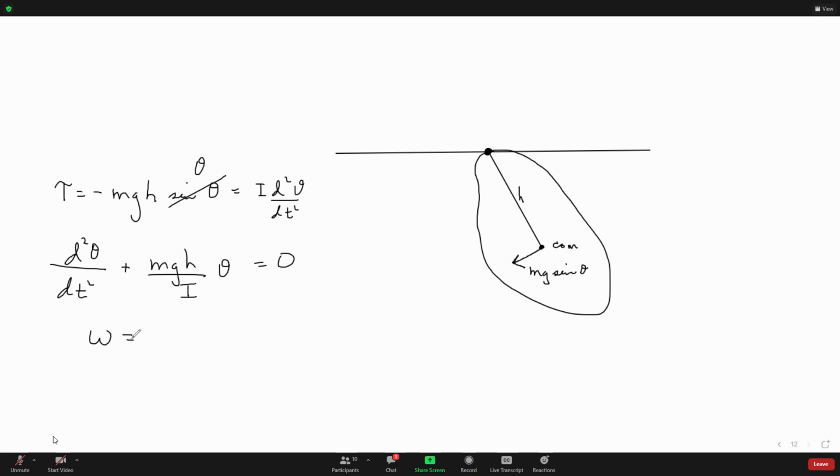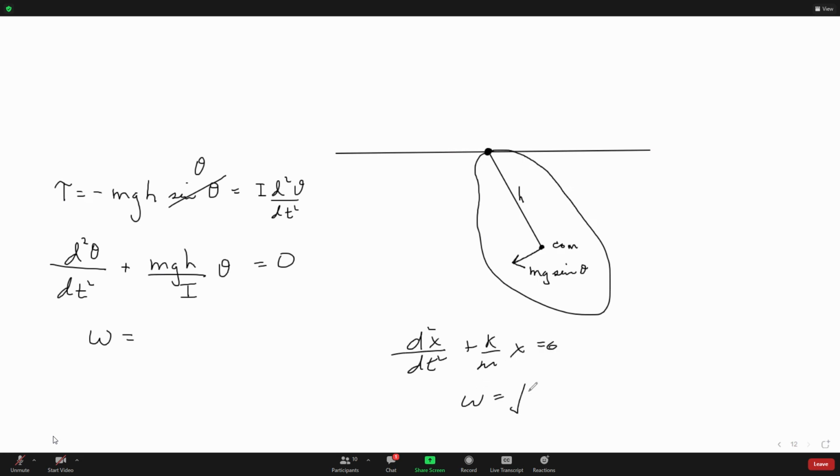Omega is going to be... Well, you can tell from this, d squared x dt squared plus k over m x equals 0.